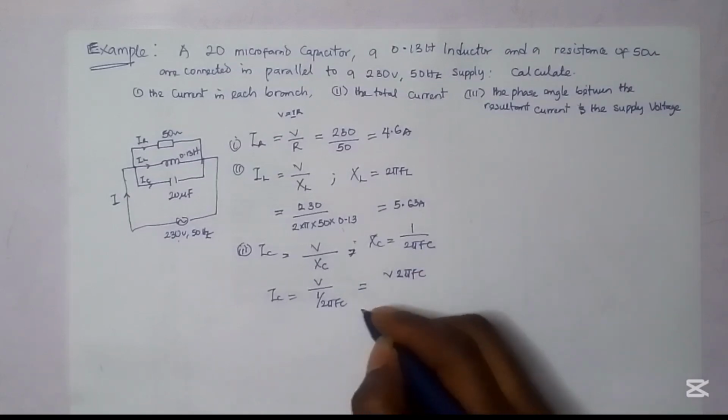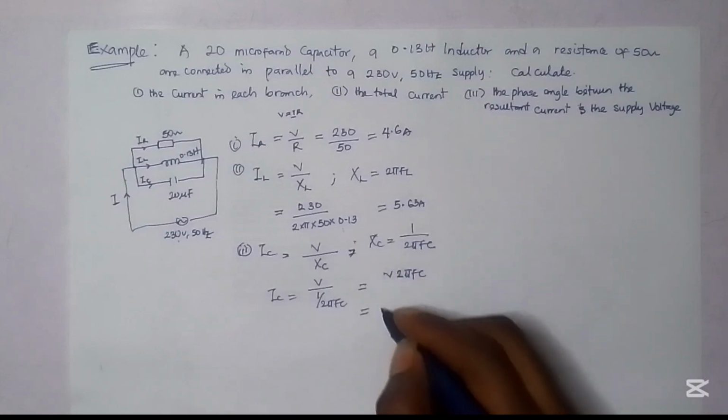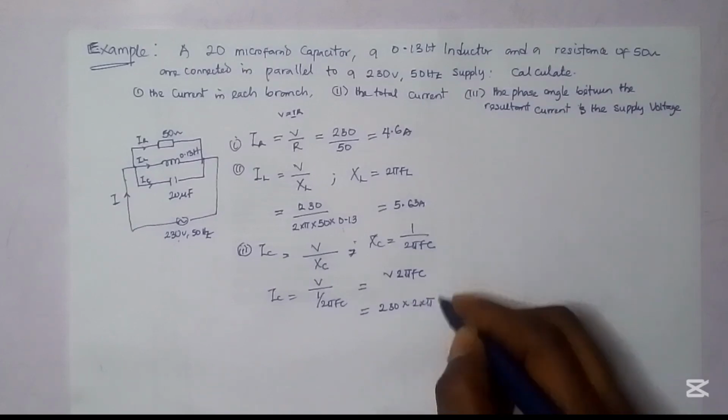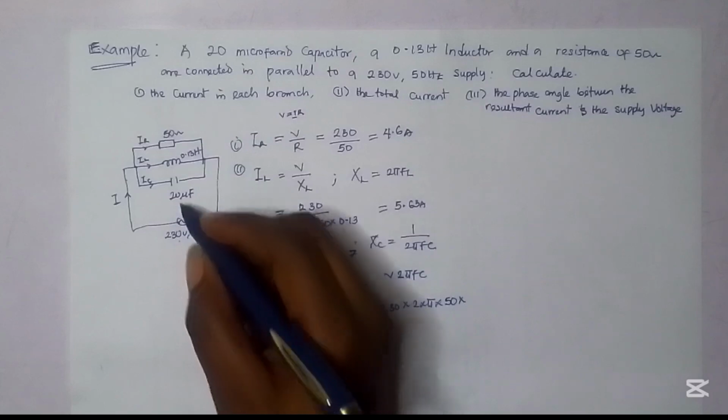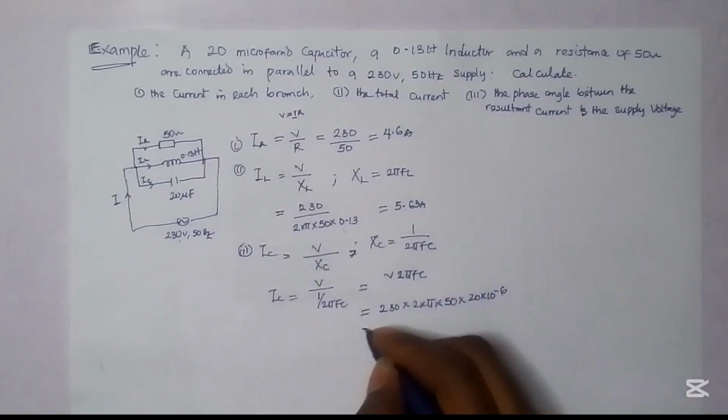So if I substitute my values, the voltage here is 230 multiplied by 2 multiplied by pi times frequency, which is 50, multiplied by 20 times 10 raised to the power minus 6.